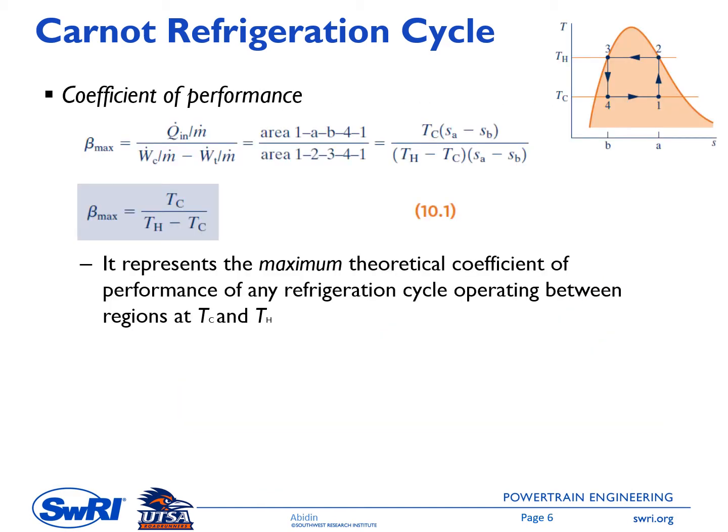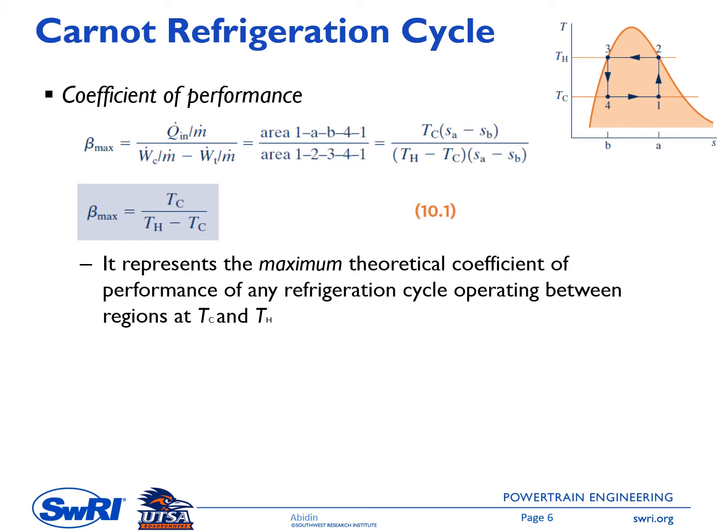The next one is looking at the performance of the Carnot refrigeration cycle. In the gas Brayton cycle, Otto cycle, and diesel cycle, we have a parameter called thermal efficiency. In this Carnot refrigeration cycle, we also have a parameter to quantify the performance of the system, and it is called the coefficient of performance, or COP.